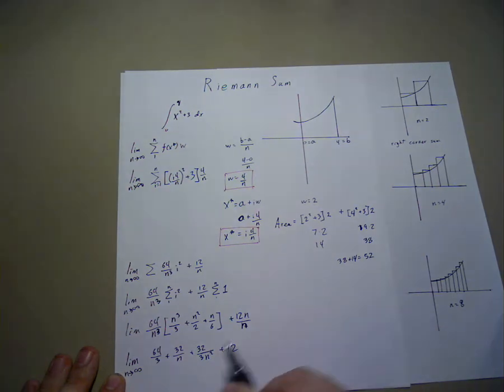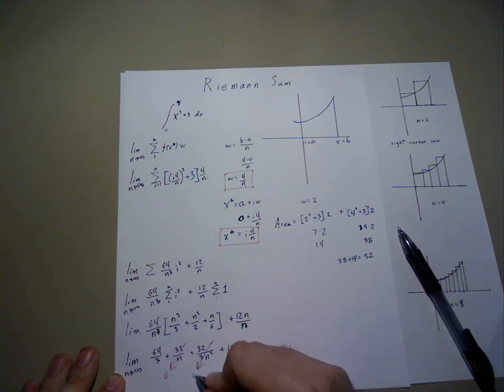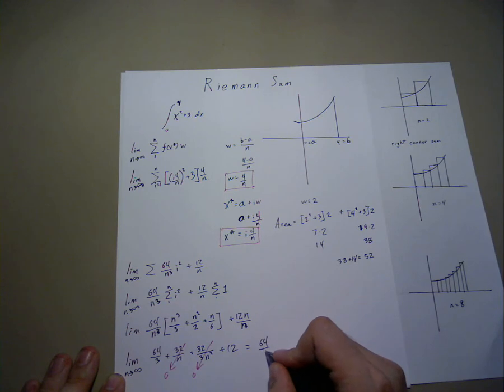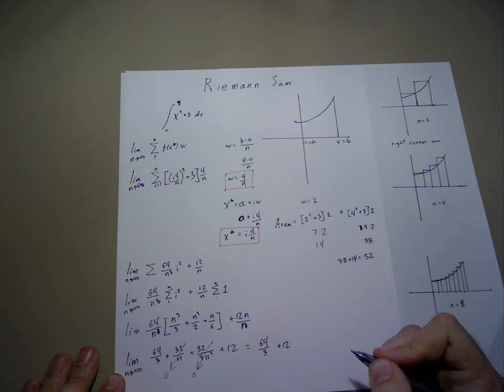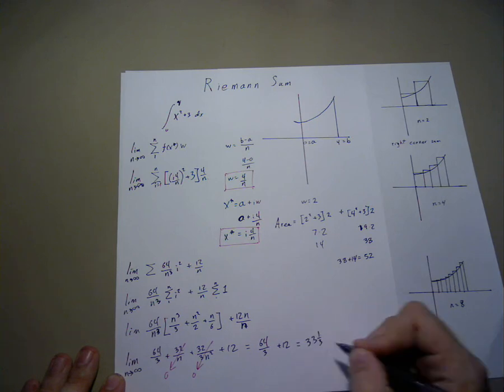As n goes towards infinity, both of these terms drop out. We have n in the denominator. What we're left with is 64 thirds plus 12, which we can simplify to be 33 and a third.